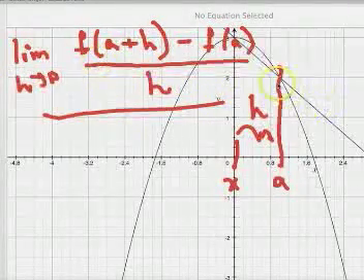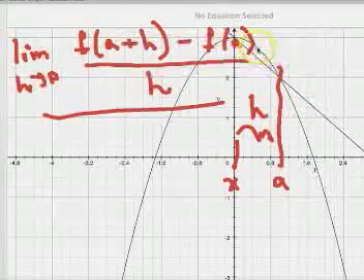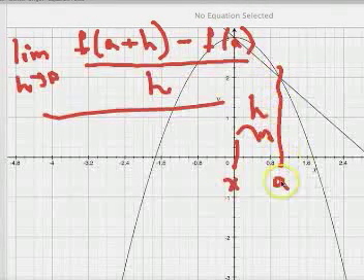And now let's try to solve for the instantaneous rate of change, or the derivative, or the slope of the line that lies tangent to this graph at a equals 1. So we've got our limit. Now let's apply this to the function.